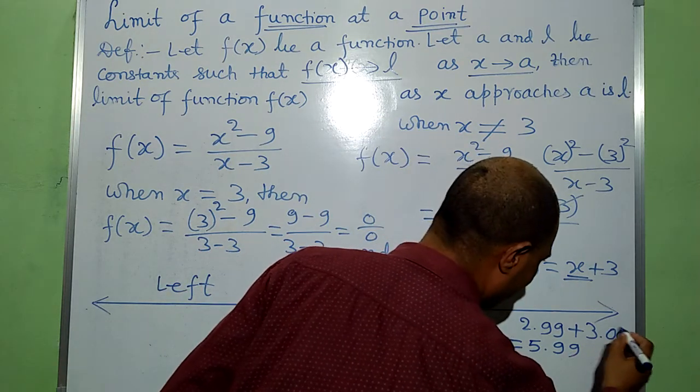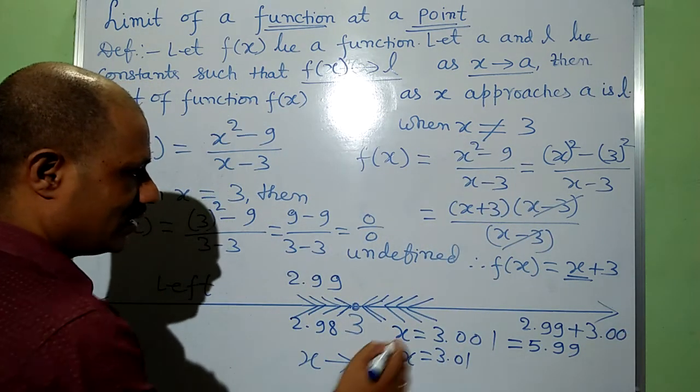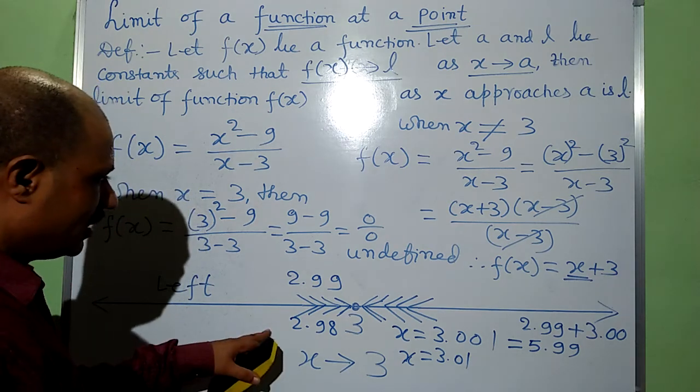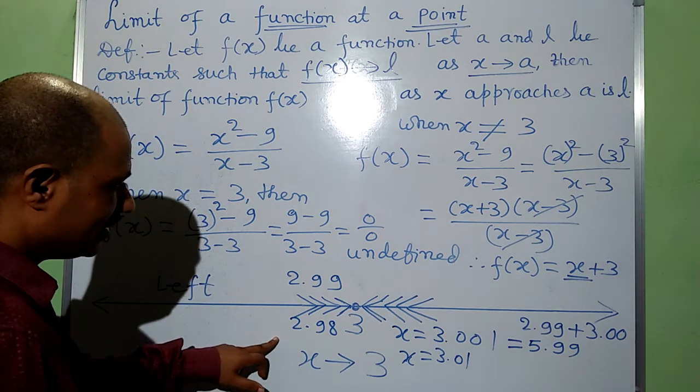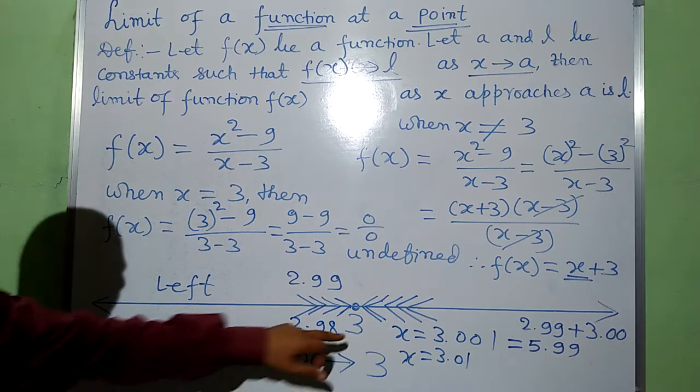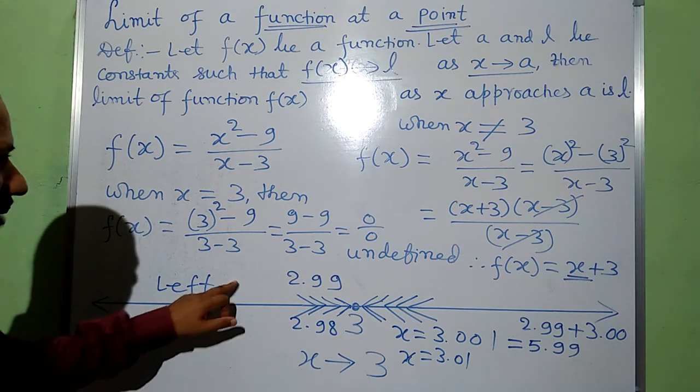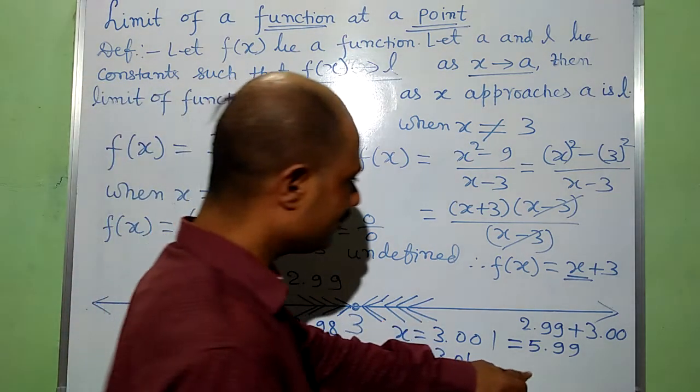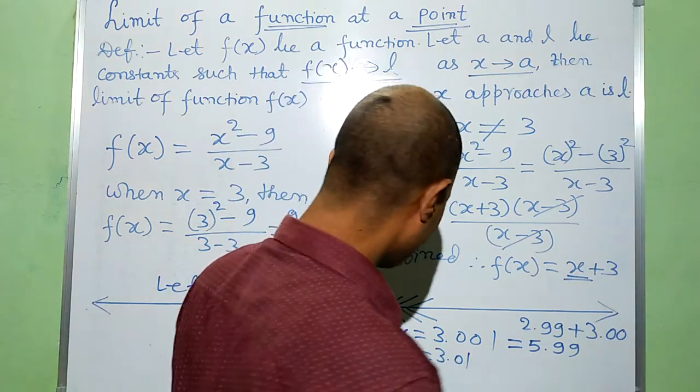We can change it into decimal and add. The value of x is taken slightly less than 3 from the left side, so this one is called the left limit.